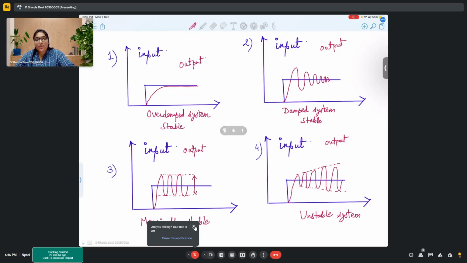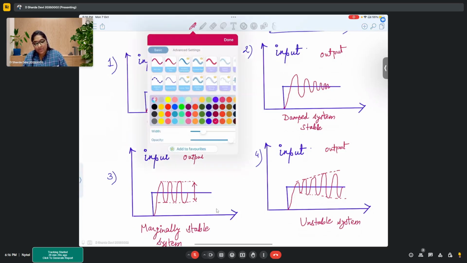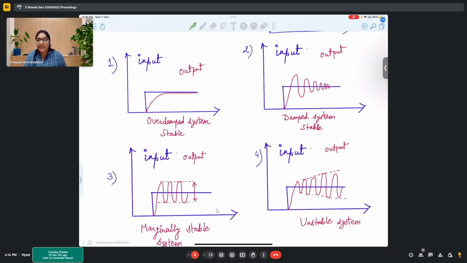Now, where do they come from, right? We know that the input output relation that we get is from the transfer functions. And we also know that transfer functions are predominantly defined by their roots.